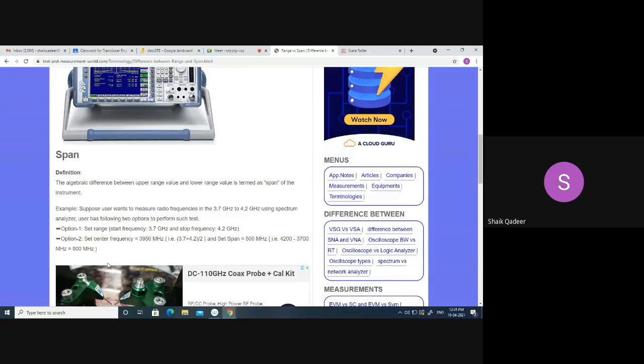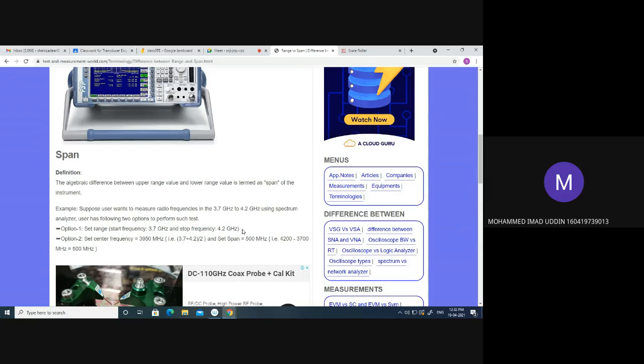Suppose we have a spectrometer whose range is 3.7 gigahertz to 4.2 gigahertz. Then its range is how much? 3.7 gigahertz to 4.2 gigahertz. So start value is 3.7 gigahertz and last value is 4.2 gigahertz. Is it clear?